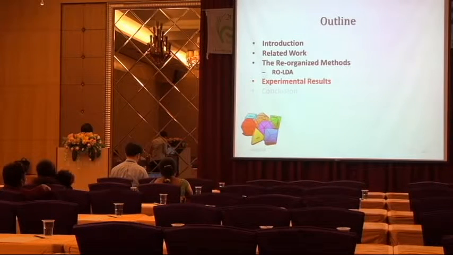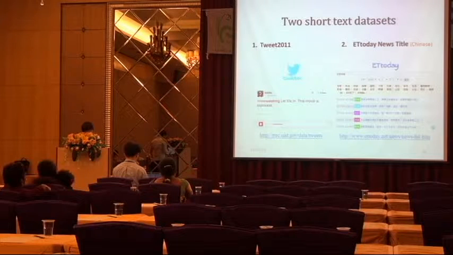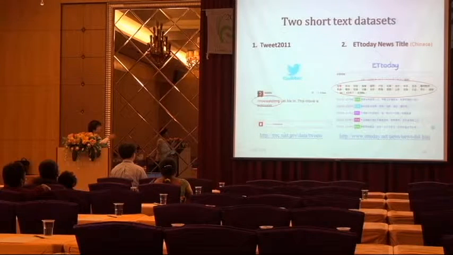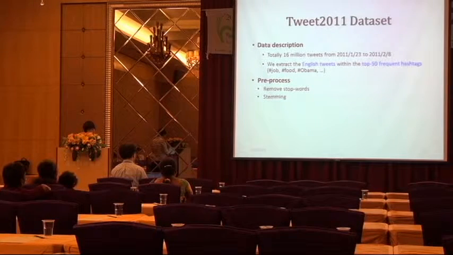Next, we show our experimental results. Our two datasets are Twitter and the ETtoday news titles. Twitter has a lot of noise, like wrong spelling, emotional words, or informal words, while the news titles are more formal and have specific categories. For Twitter, we extract English tweets with the top 50 frequent hashtags.